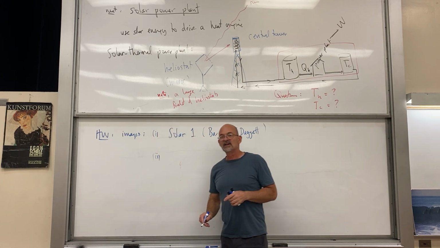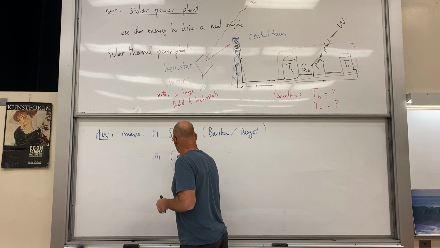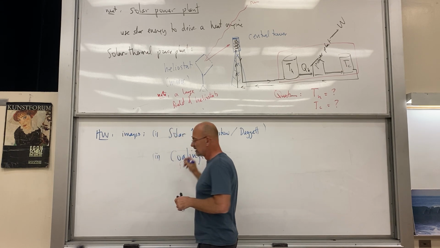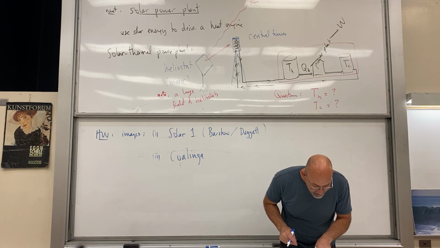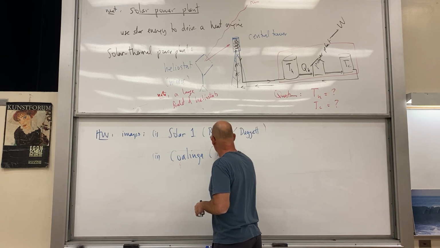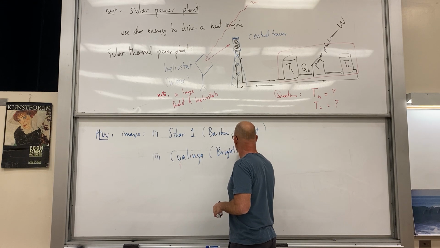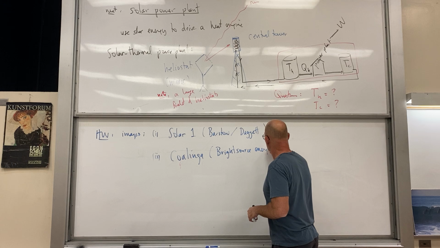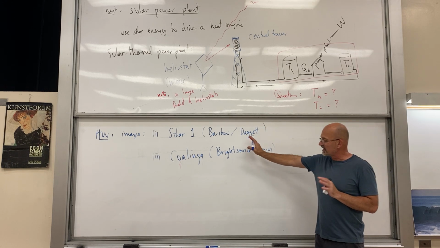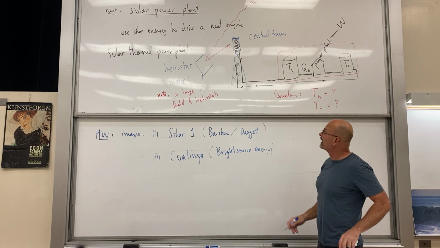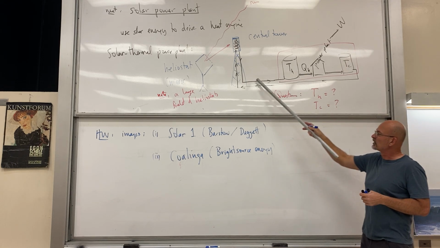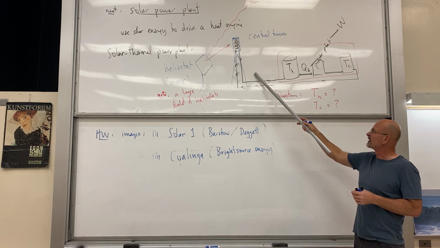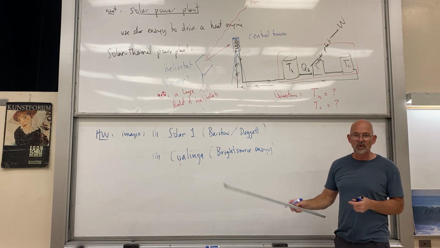Another one is out in Kalinga. And what did I write down there? Bright Source Energy. So I'm going to say a bit more about what I want you to actually get from these things. But this one is out in Kalinga. It's being used for a central tower, but instead of running a heat engine here, they're actually just using the very high temperature steam that they generate out of it to extract oil from old oil fields.